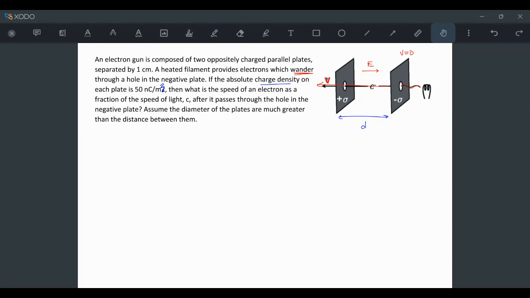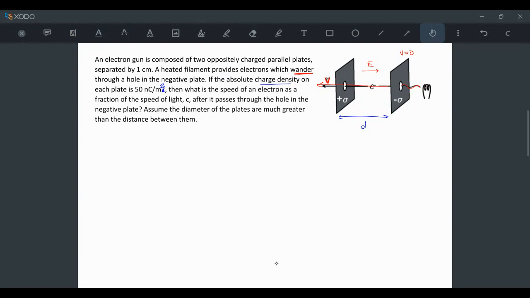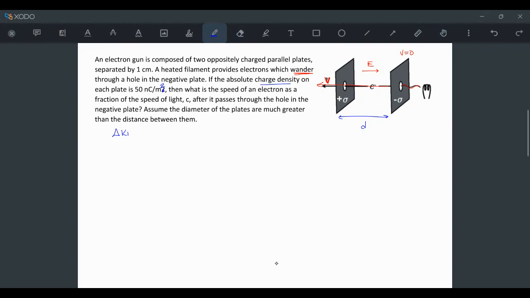Okay, this is a fairly straightforward problem. There are many different ways you can solve these problems. I'll state first that what we're going to do here, maybe you can find a simpler way, is that the work done on the electron will cause a change in kinetic energy.